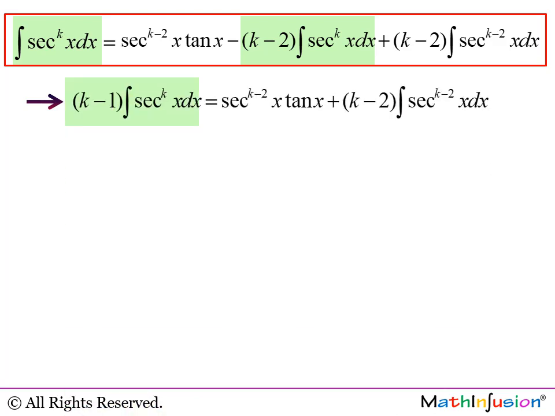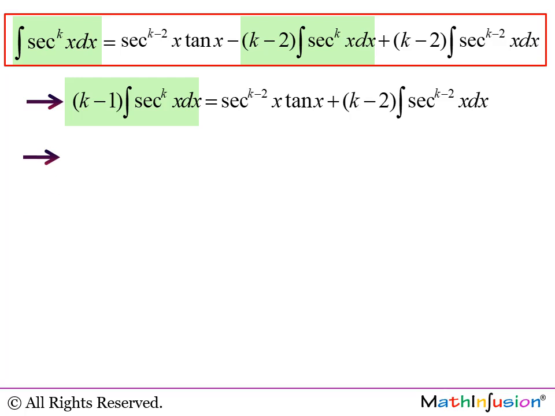Okay, we have 1 times the integral that I'd like to find, and then we have minus (k minus 2), so we have to add (k minus 2) of this integral to both sides. So we get k minus 2 plus the 1 that we had before. So we get (k minus 1) times the integral that we are looking for to be equal to all the rest.